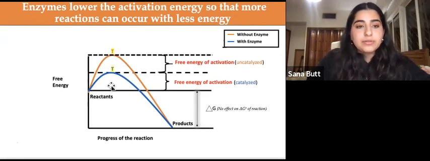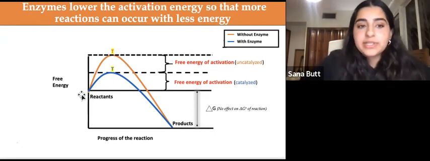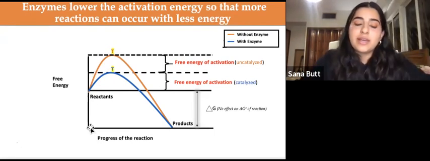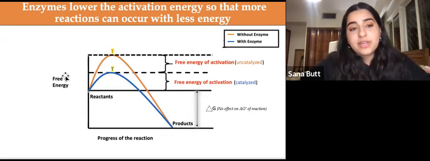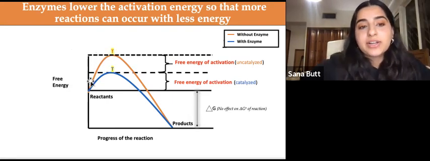So I'll go ahead and explain this diagram to you guys a little bit now. The x-axis shows the progress of the reaction, and the y-axis is your free energy. As the reaction progresses, as time increases, you can see how the amount of energy increases with the uncatalyzed reaction.